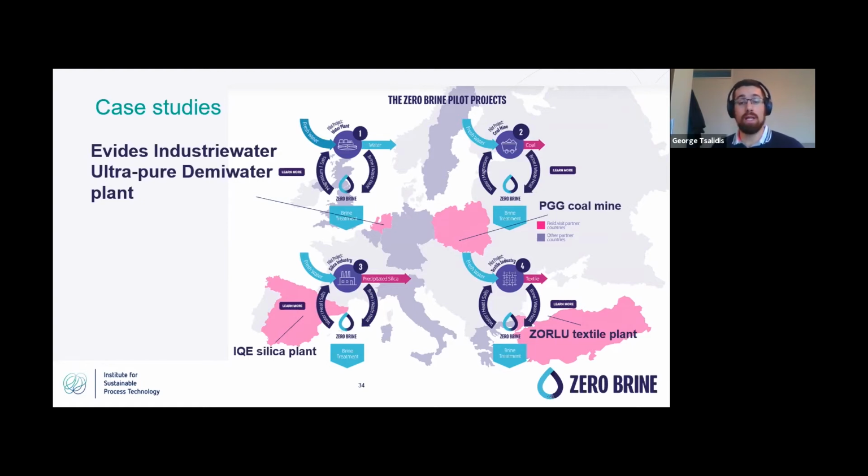As a result, salt is used in order to regenerate ion exchange membranes. And because of the quality of the brine that Evides Industriewater is producing, and also due to the regulations and the location of the plant, which is next to the sea, Evides is able to dispose brine to the sea.